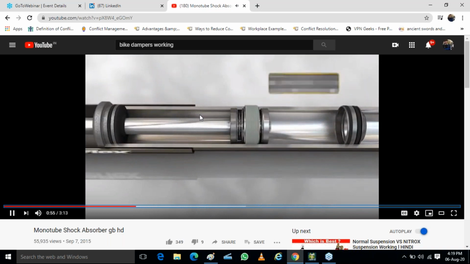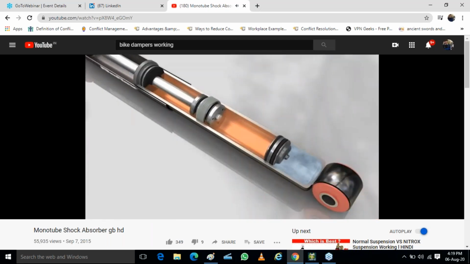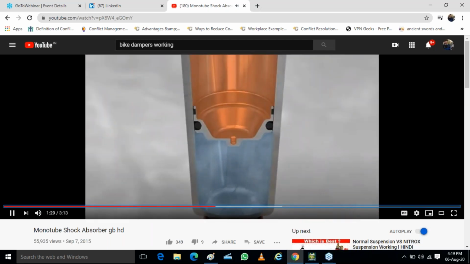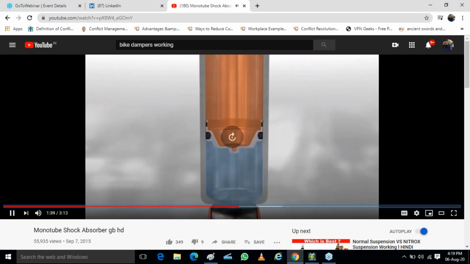The first is the working chamber where the oil is located and the rod is moved by a combined twin compression rebound pump. The expansion chamber is charged with high pressure nitrogen gas between 25 and 30 bar, which, backed with retraction and rebound effect, keeps the working chamber constantly filled with oil. The floating piston, made of metal or sintered plastic material, separates the gas from the oil.